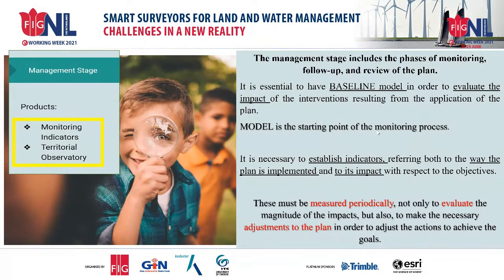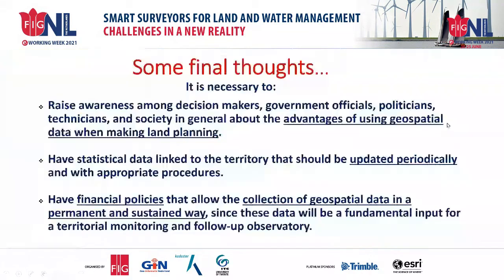We need to establish indicators also referring both to the way that the plan was implemented and how it impacts the different objectives. And we should be measuring all of those indicators. Also thinking in the SDG, they should be measured periodically, not only to evaluate the magnitude of the impacts, but also to be able to make adjustments to the plan that we propose.